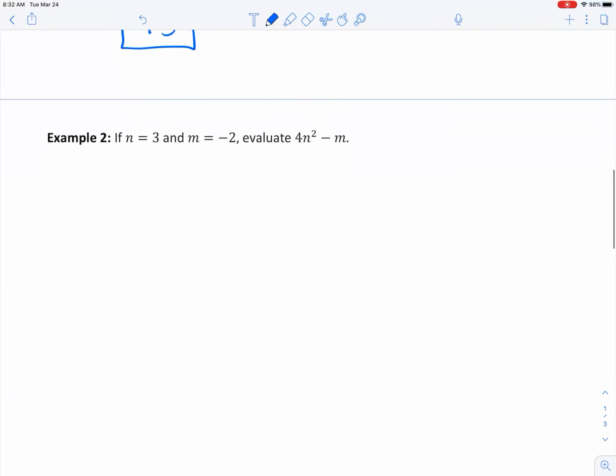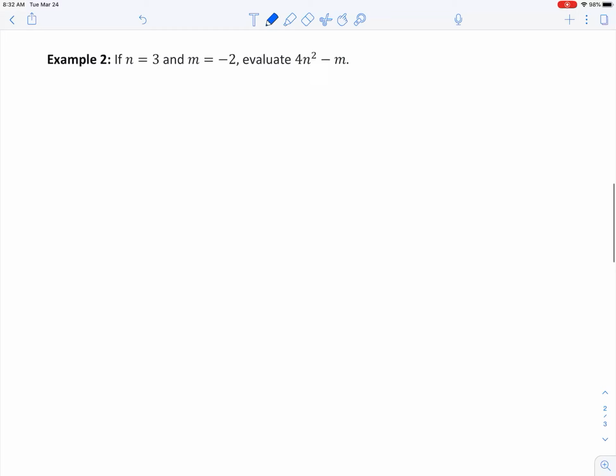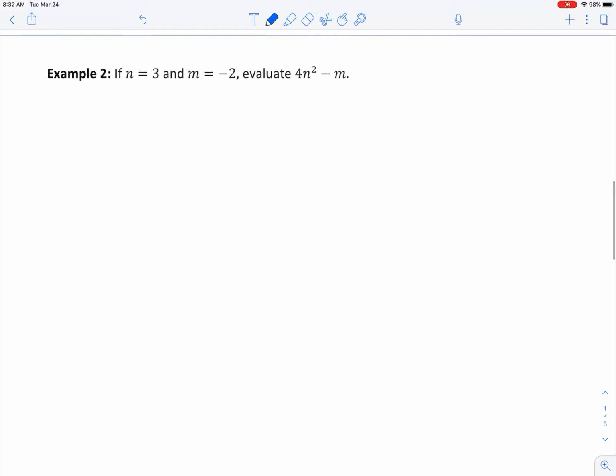All right, flipping our notes over to the back side, we have one more example to go through. Example 2 says if n equals 3 and m equals -2, evaluate this expression: 4 times n squared minus m. Okay, so I'm going to do the same thing. I'm going to put parentheses anywhere there is a variable.